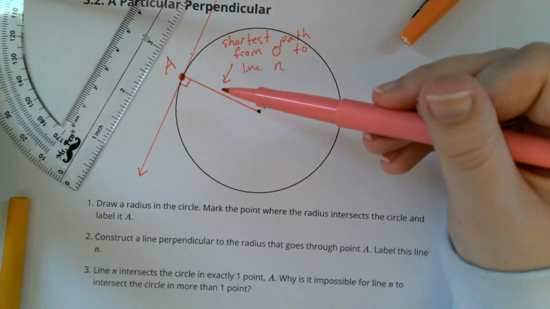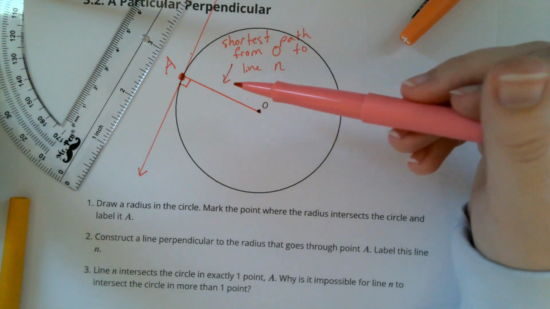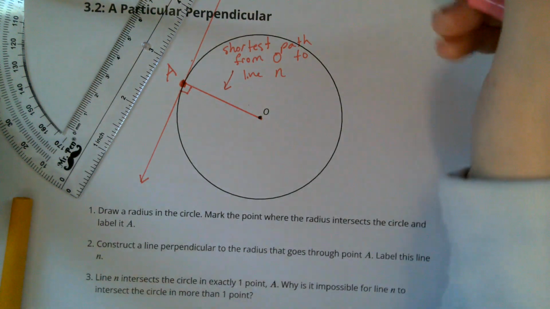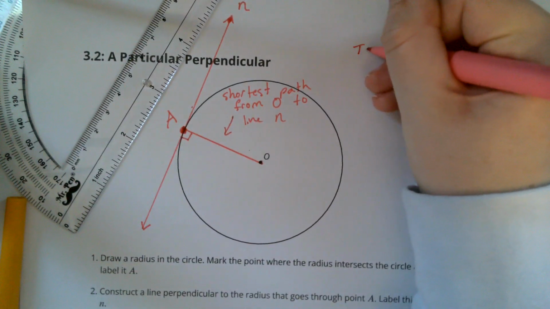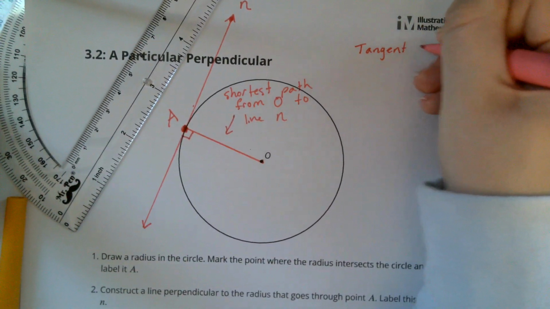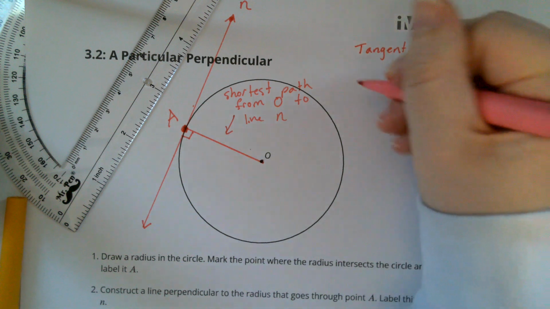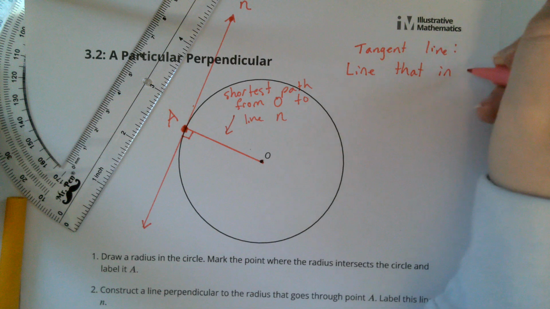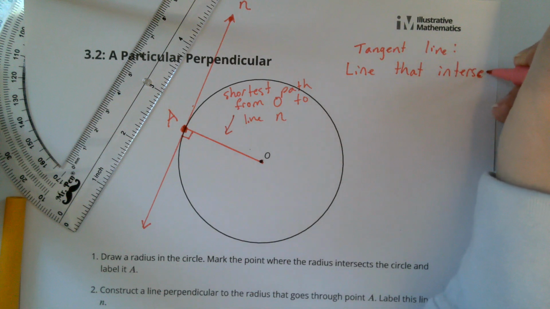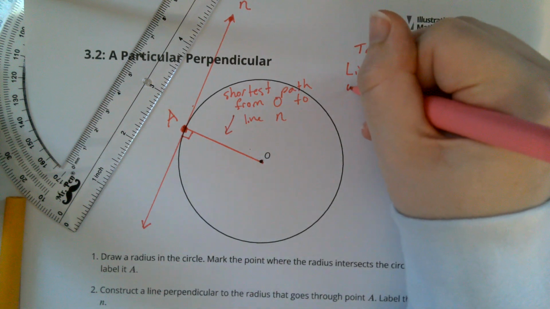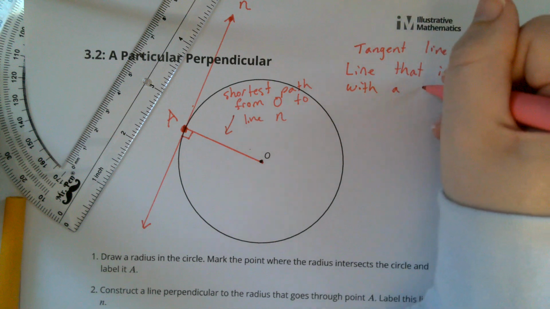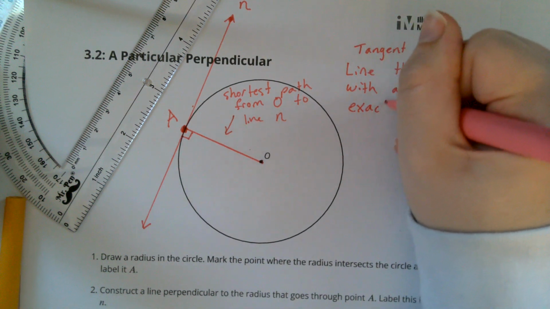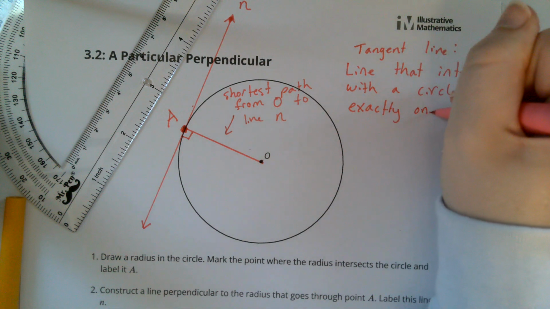So I guess let's rewind a little bit. Let me explain what a tangent line is first. A tangent line is a line that intersects with a circle at exactly one point.